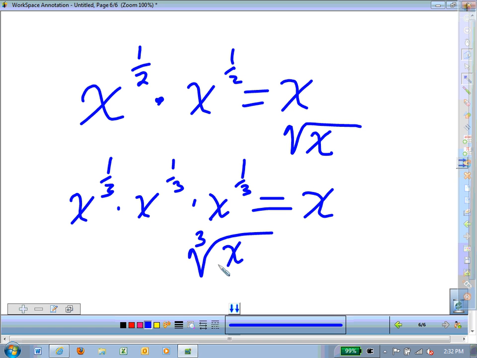So fractional exponents we can represent as radicals instead of exponentials. But if you think about it, it's still just counting factors. You need 3 of those to make the whole. So it must be the cube root.